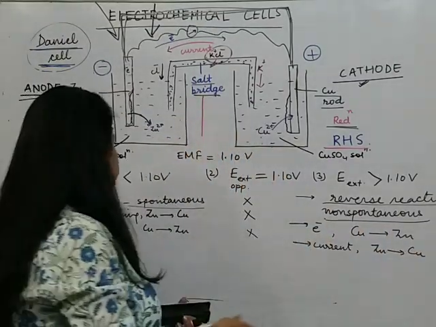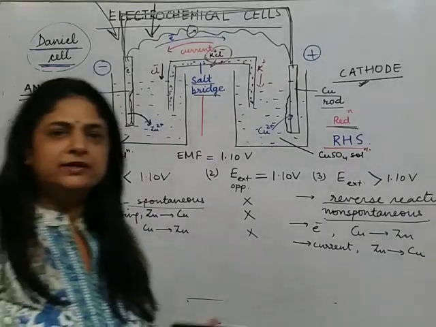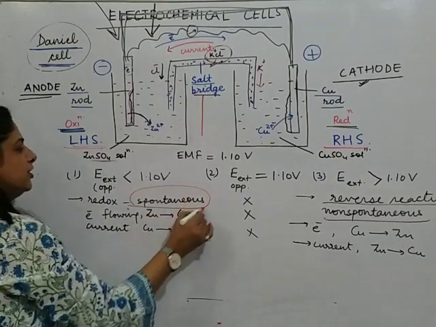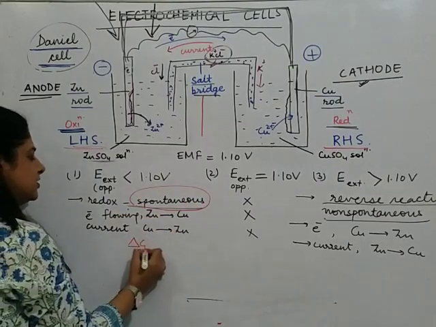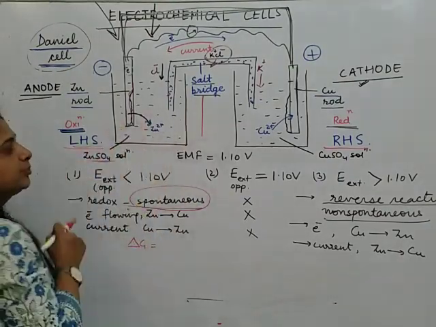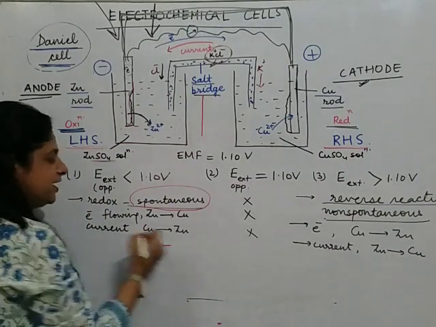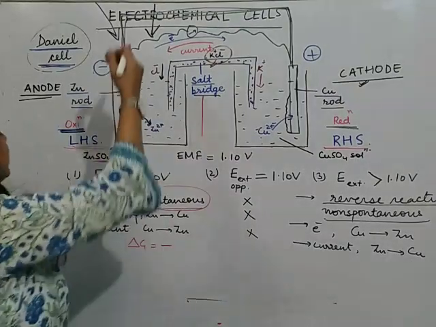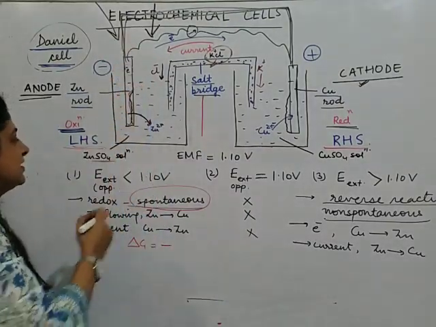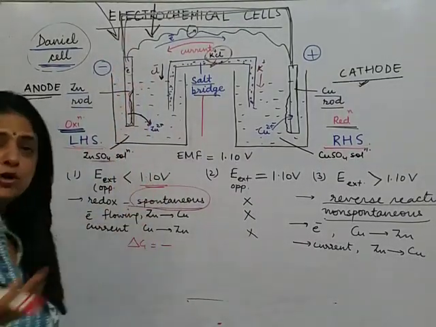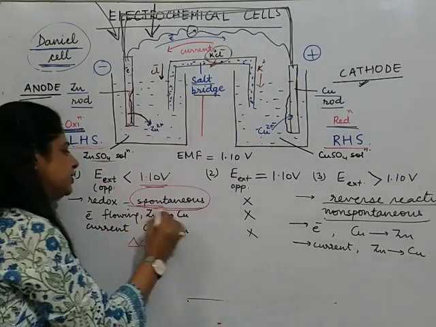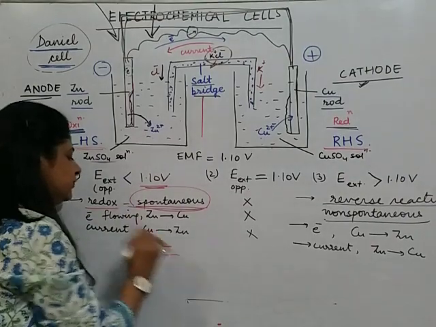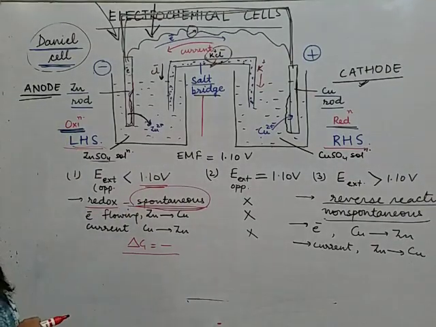This also shows, we can interpret one more thing from these cases. If a process is spontaneous, we know the delta G for this particular process should be negative. So when the external opposing force is less than this, or there is no opposing force, it is going to be a spontaneous redox reaction, and delta G for this would be negative.